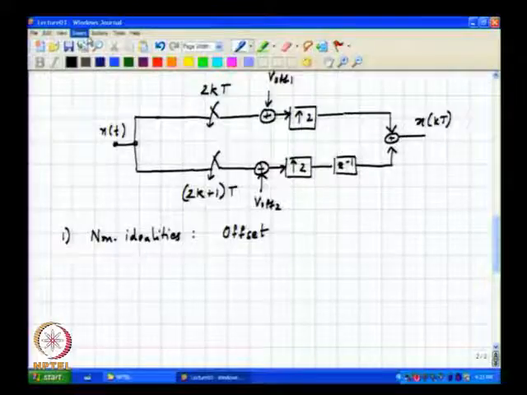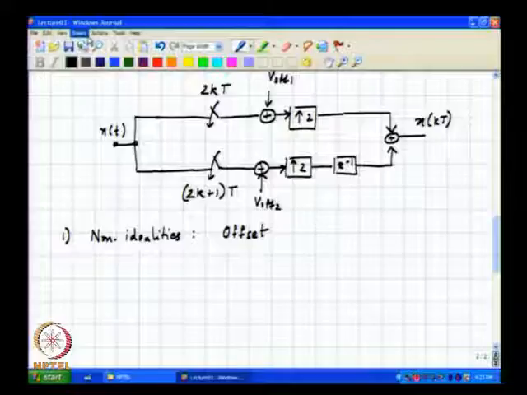If all the channels have the same offset, then the output will simply be the ideal output plus the offset that each channel has added, correct. Now, let us figure out what happens when the two channels have different offsets. What do you think will happen?